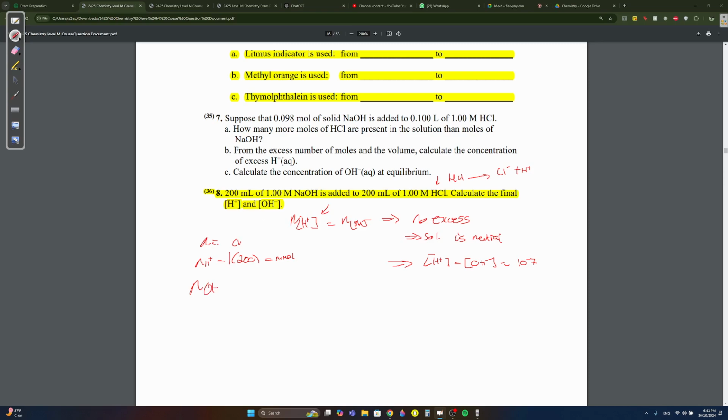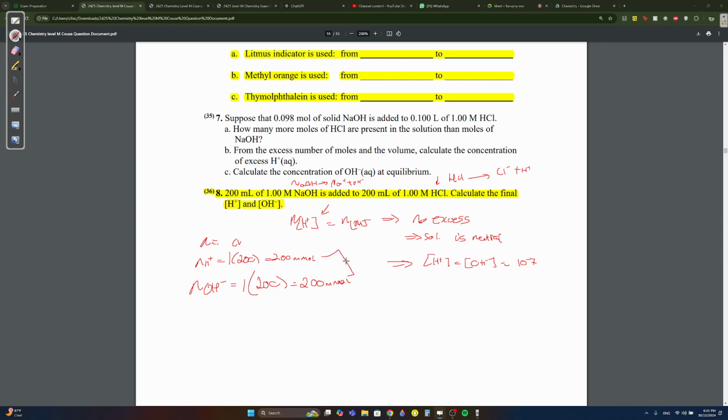And then n of OH minus: NaOH dissociates to give Na plus and OH minus, with the same coefficient. So NaOH and OH minus have the same concentration. The concentration of OH minus is 1, and the volume is 200, so you get 200 millimole.